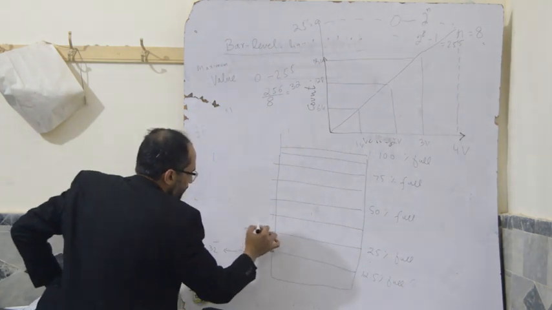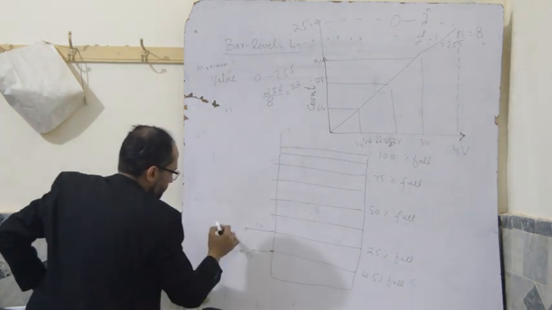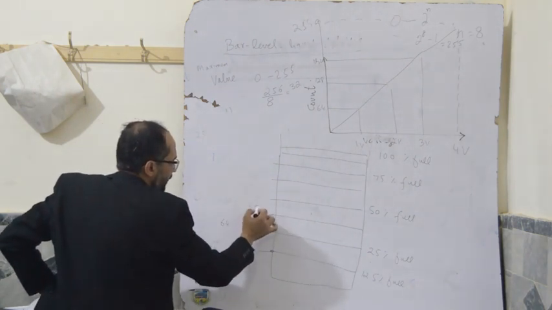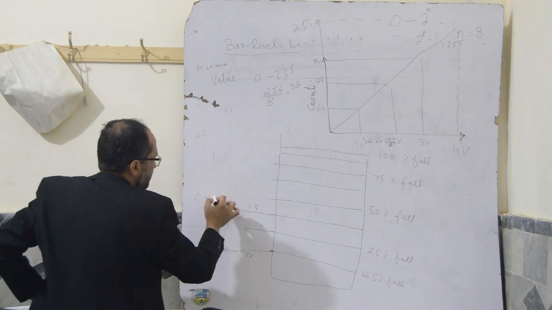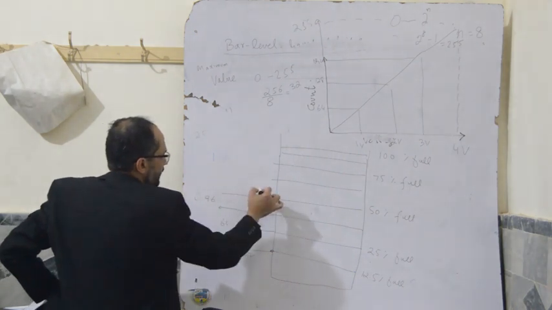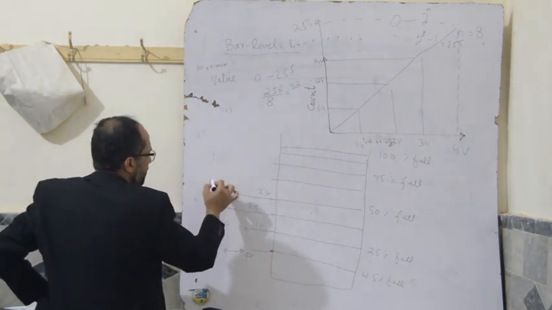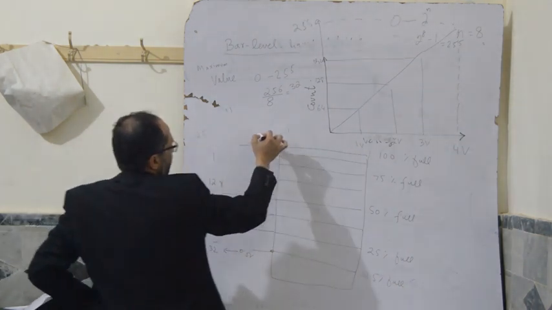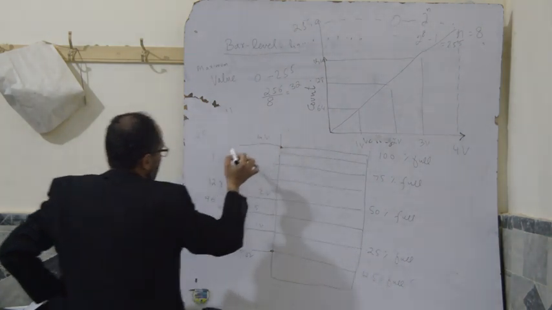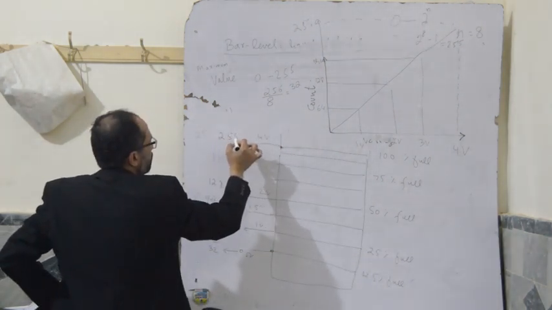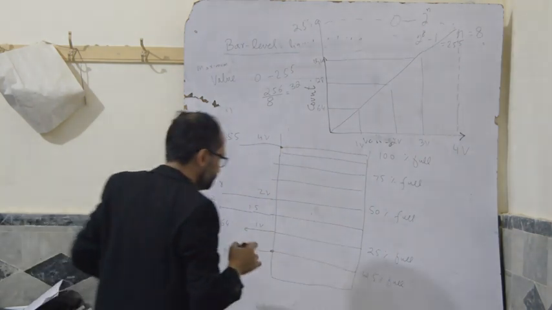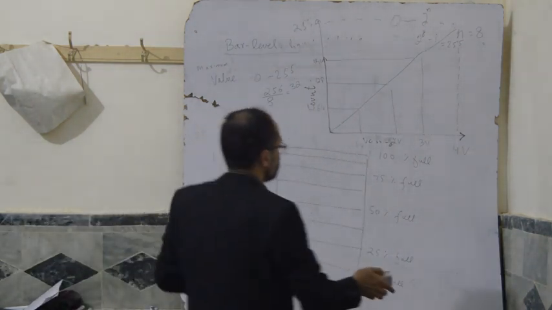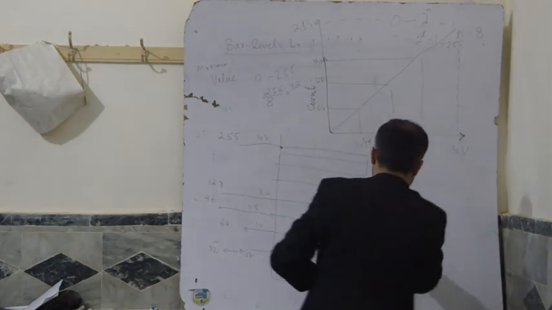The volt will be 1 volt at this point and the count will be 64. The volt here will be 1.5 and the count will be 96. The volt here will be 2 volt and the count will be 128, and for the final point, the maximum value, the volt will be 4 volt and the count will be 255.